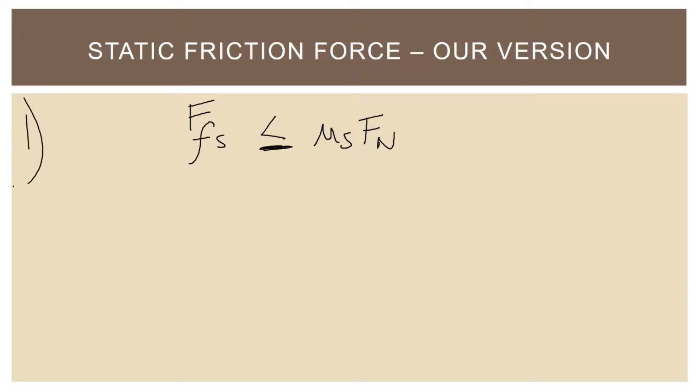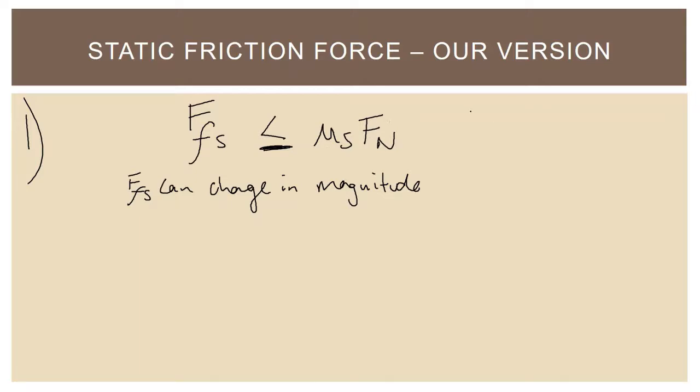And so essentially what this equation is saying is the static friction force can change its magnitude, but it will always be less than or equal to whatever the product of this term, the coefficient of static friction, and the normal force actually is.